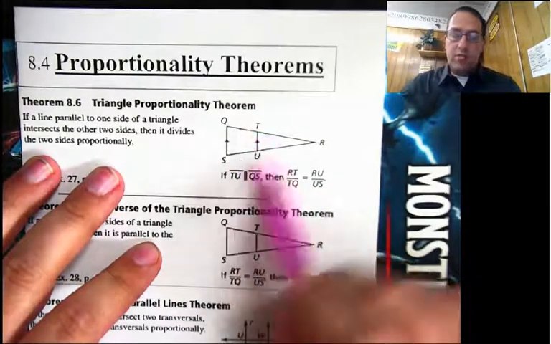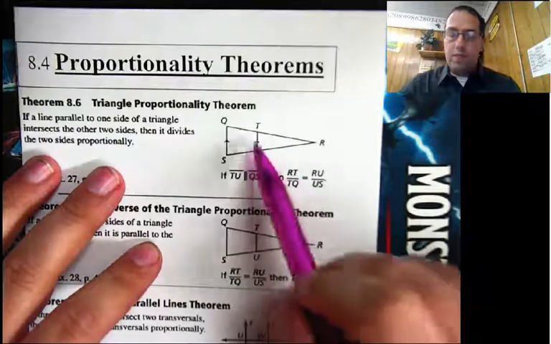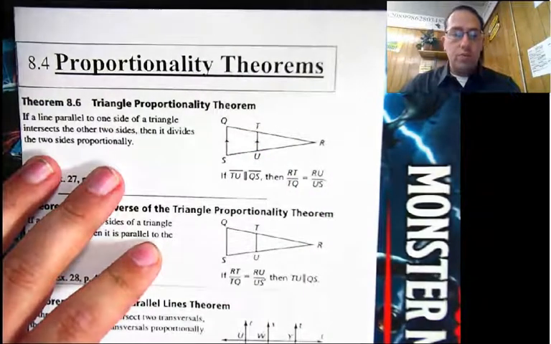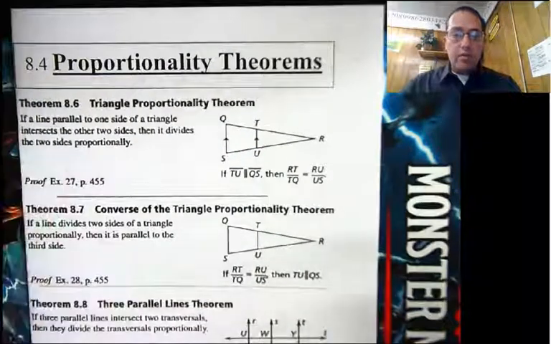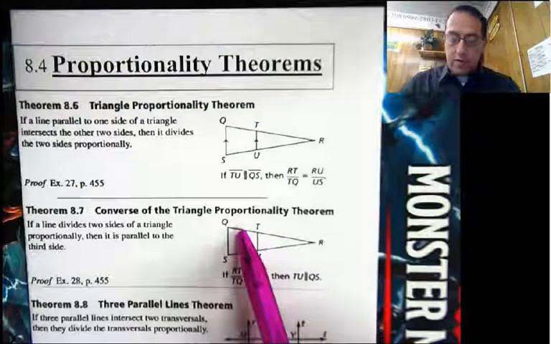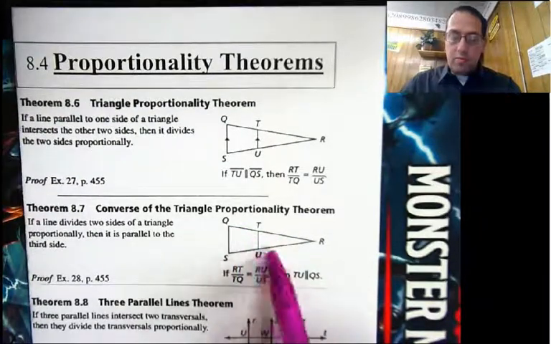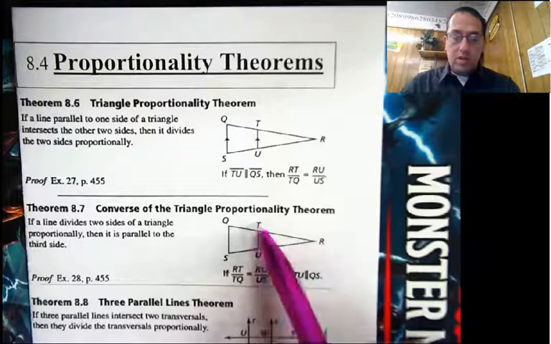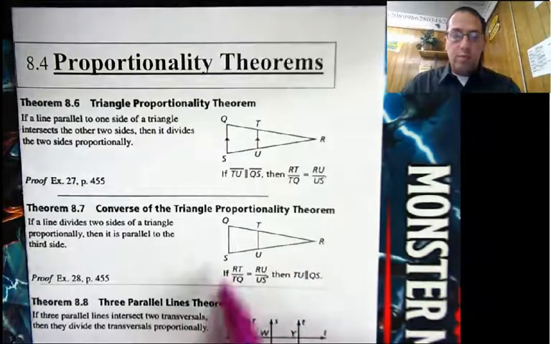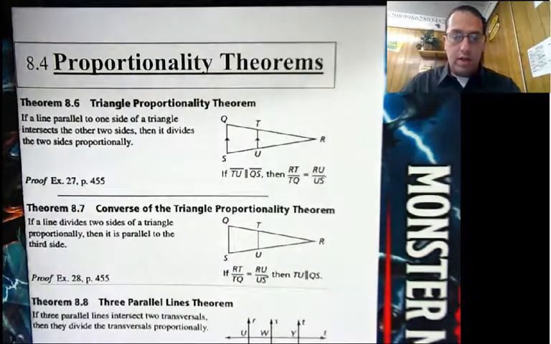So it's going to be the same ratio, right? Because these two lines are proportional. And the converse is also true. If these two segments are proportional to those two segments, then TU must be parallel to QS.